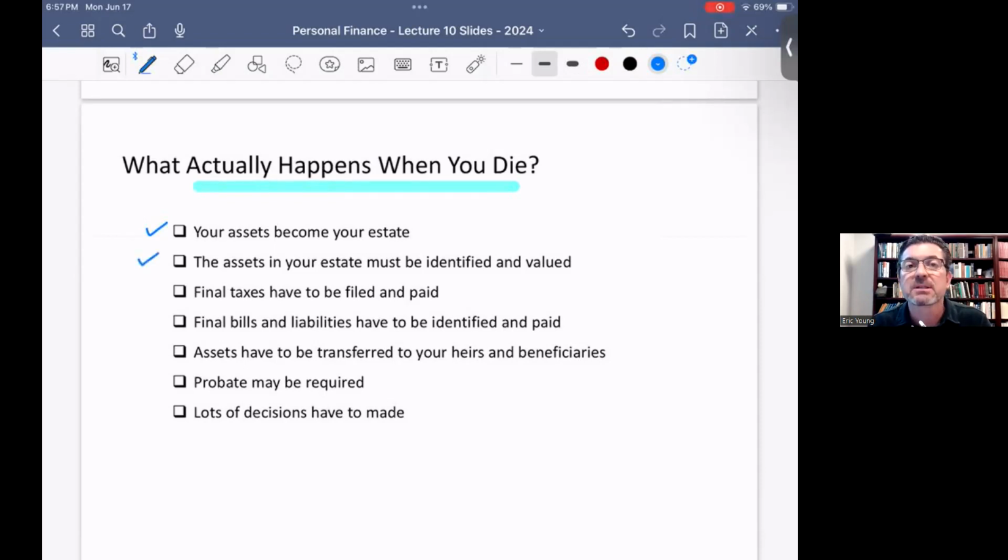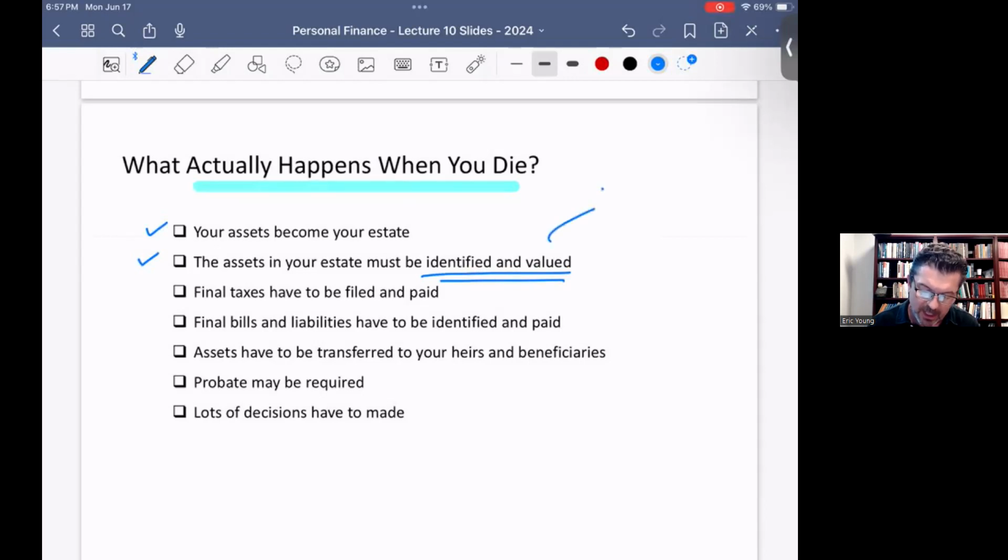Once that happens, the assets in your estate have to be identified and valued. This is for your cash assets, your investment assets, as well as your tangible personal assets, and if you own property, your property assets. So all of your assets, which is your estate, have to be identified and valued.